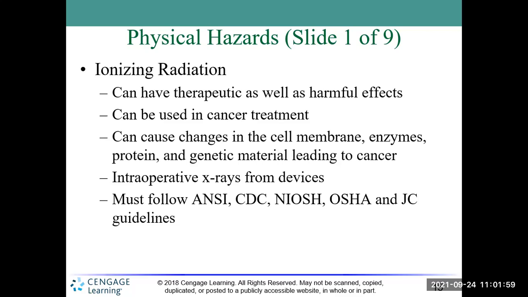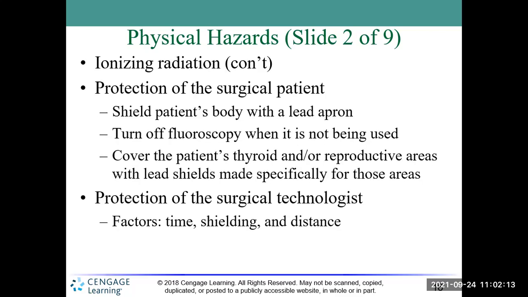X-rays are going to be used a lot during an intraoperative case. So you're going to want to take those measures. You have to follow all of the guidelines of ANSI, CDC, NIOSH, OSHA, and JCAHO. So all of those protection mechanisms that you're going to use: one, you're going to make sure that the lead aprons are being used to shield the patient's body in the area that the radiation is not being administered.